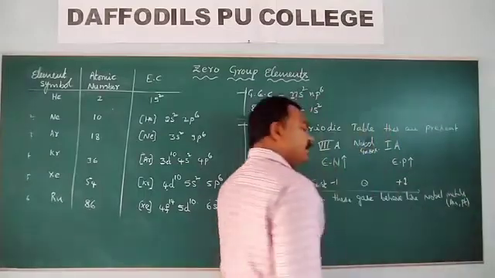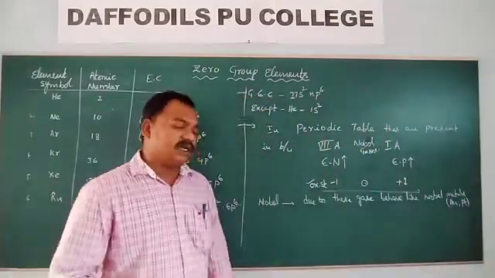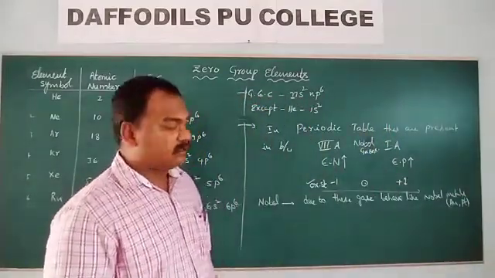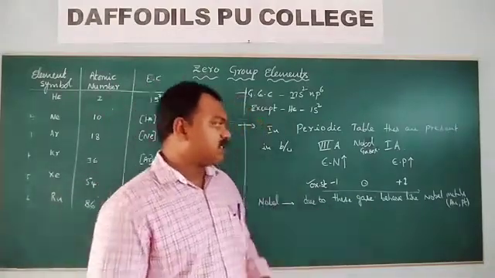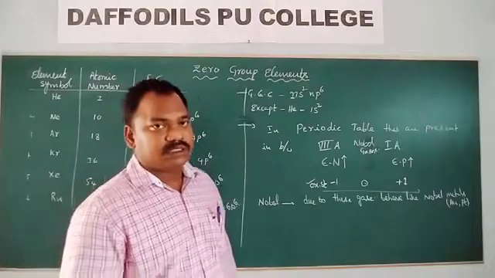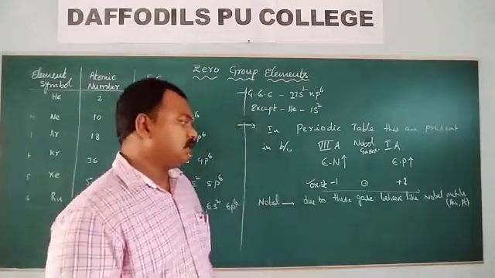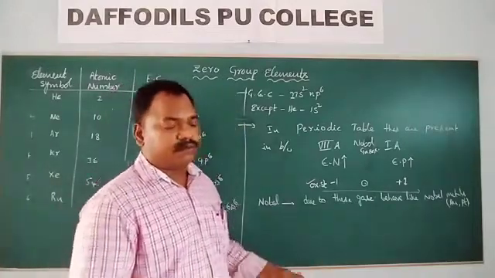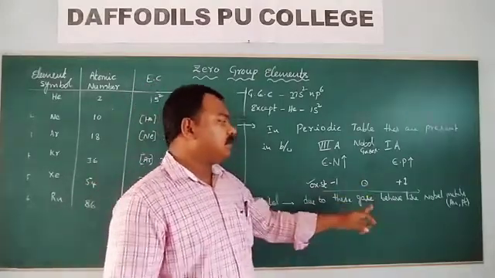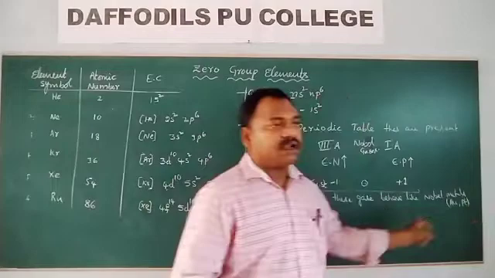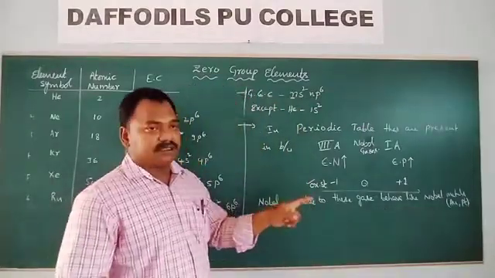Gold and platinum in ordinary conditions do not react with anyone. So gold and platinum show inertness to chemical reactions. These are known as the noble metals.